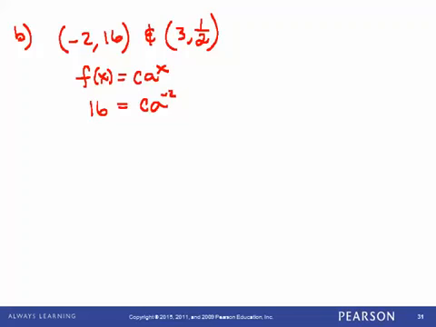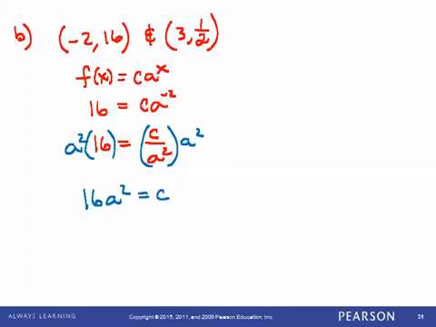So the way we solve for C, since we're in this stage, the a to the negative 2 really becomes a to the 2 on the bottom. And we learned this in the last chapter. Let's multiply both sides by a squared. If I do that, the a squareds cancel on one side, and I'm left with C equals 16a to the second.